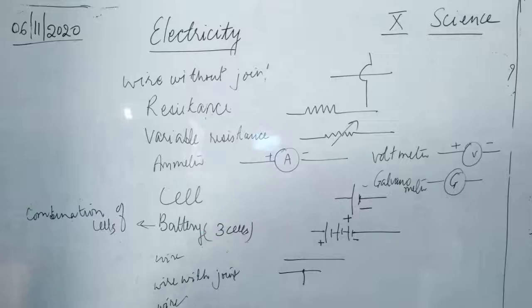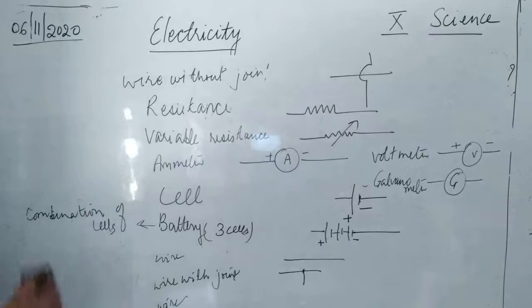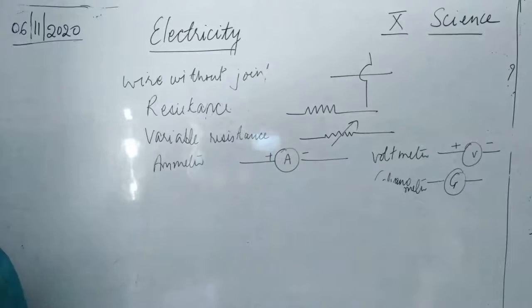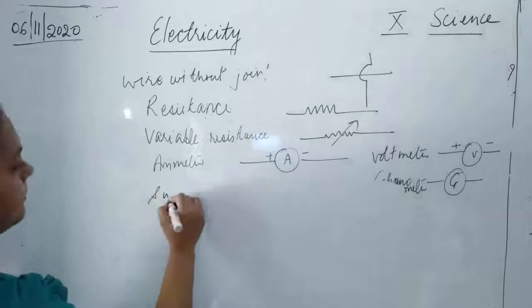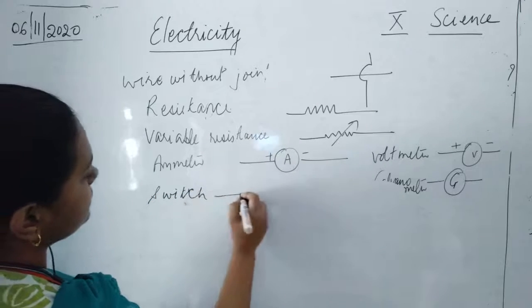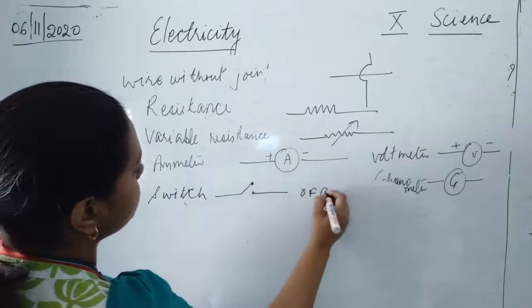Okay, the next is for the switch. We can draw a switch like this. I think you have understood this one, I'll draw this. Then how will you draw a switch? Switch is drawn like this. This is on, this is off switch.